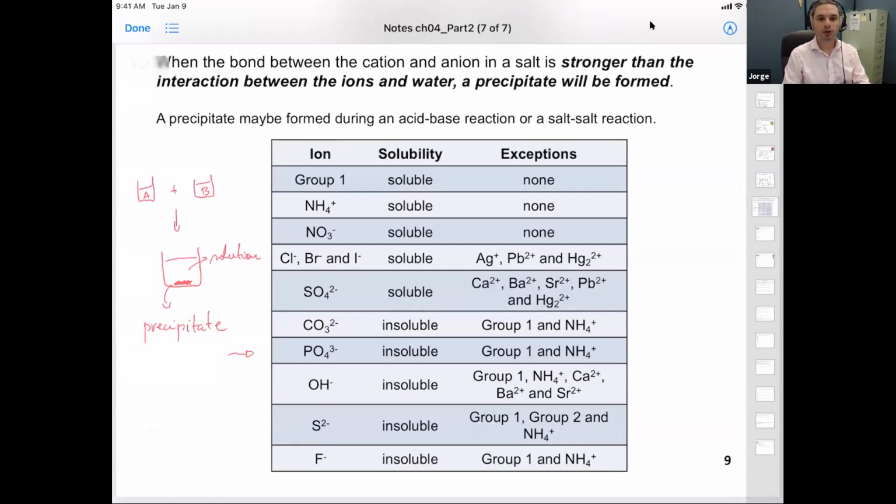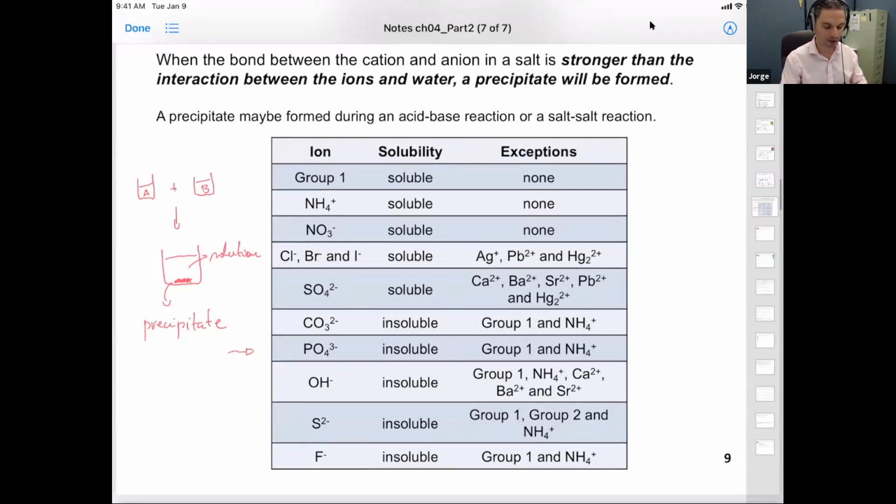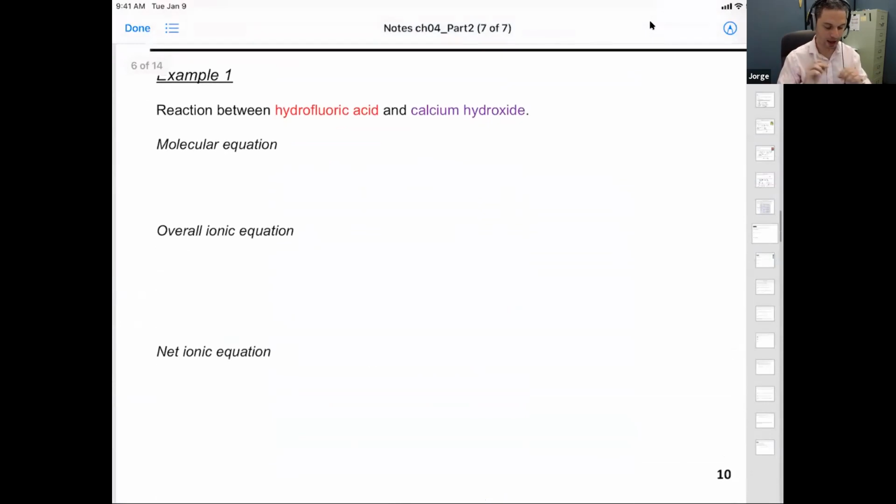Okay, so now let's use the knowledge from the table to write chemical reactions. Precipitates may be formed during an acid-base reaction or a salt-salt reaction. Let's start with acid-base reactions forming precipitates or insoluble salts.